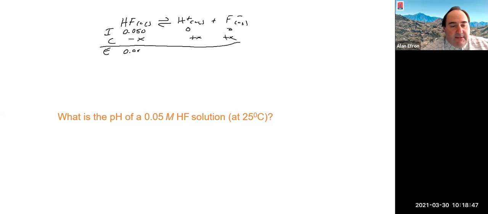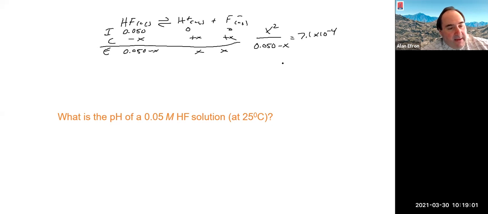Everything is exactly the same except for that concentration. That would get us x squared over 0.05 minus x is equal to 7.1 times 10 to the minus 4. Here, if we made the assumption of x is equal to 0, we end up with something like, we'll call it 6.0 times 10 to the minus 3.